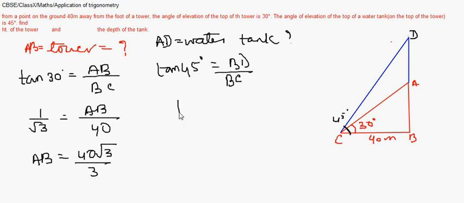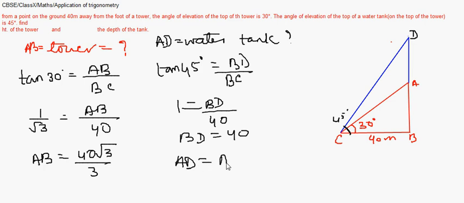Also tan 45 is 1, and BC is 40, so BD is equal to 40. To find them separately, AD is actually BD minus AB. So it is 40 minus 40 root 3 by 3. You can replace this root 3 with its value, find it in decimal and subtract it. Okay, thank you.